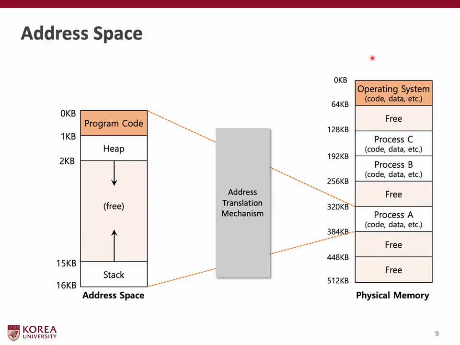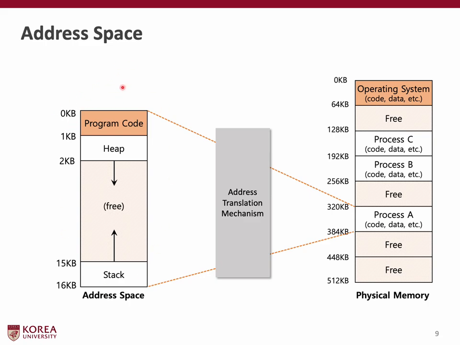Now look at the right side. This is physical memory, which is the reality of the hardware. And here you can see the operating system and processes A, B, and C are scattered around. So when a process is created, a virtual address space is also created.